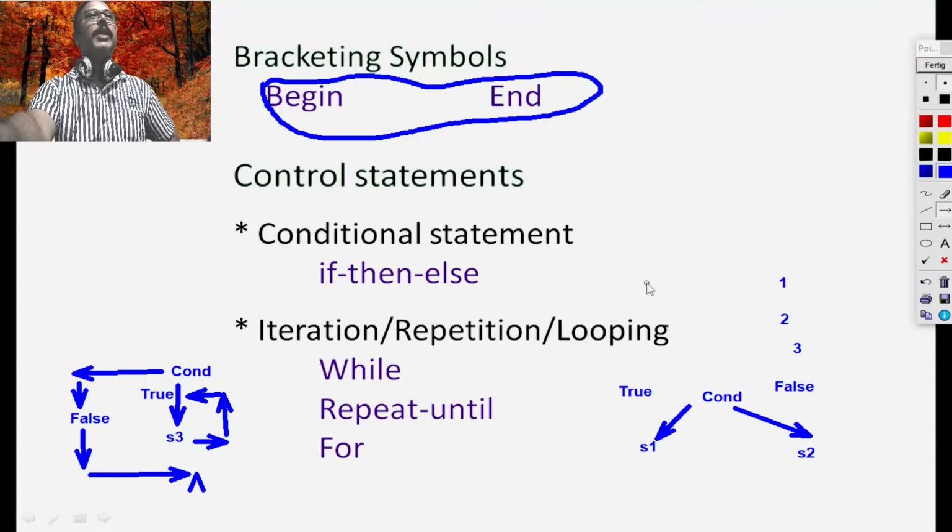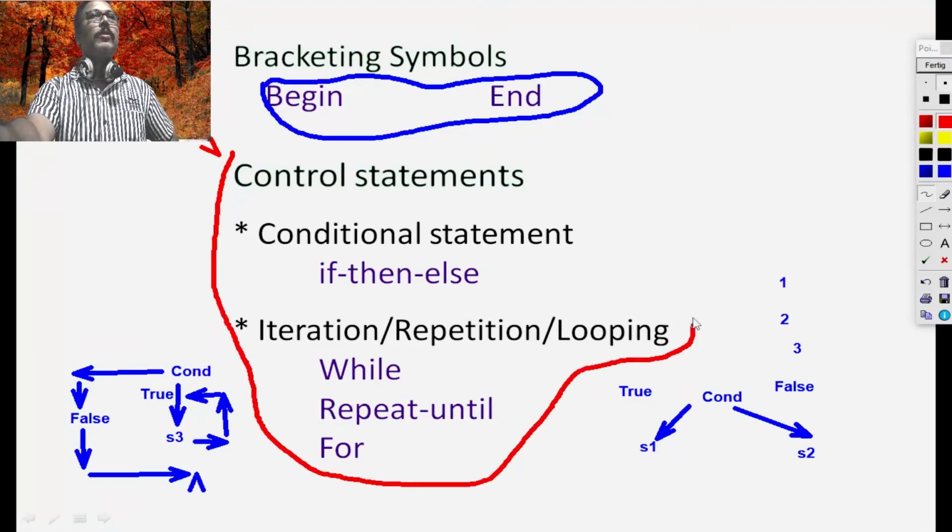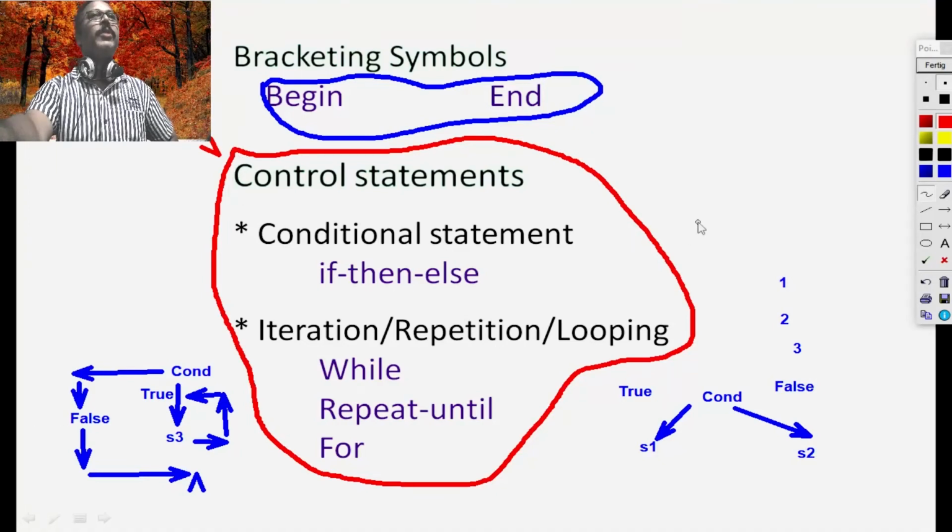Pause and just have a look, because these are very, very important. Not just from an algorithm perspective, control statements are one of the essential features of any programming language.